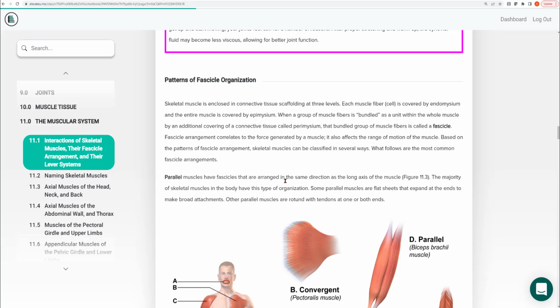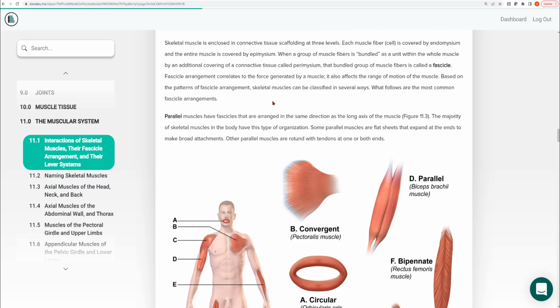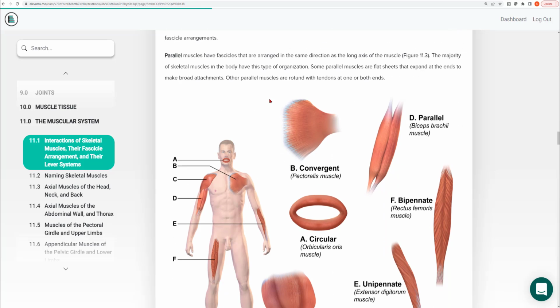And lastly, we've already talked about fascicles, right? Fascicles are bundles of muscle cells. Turns out that there are a few different arrangements of fascicles within skeletal muscles. Let's take a look. So some of your muscles have parallel fascicles.